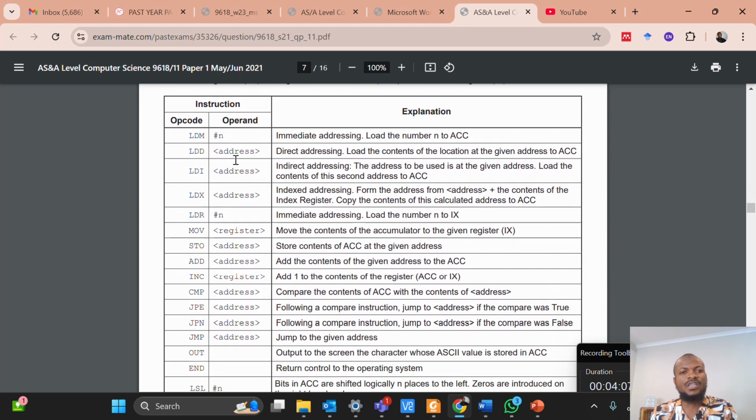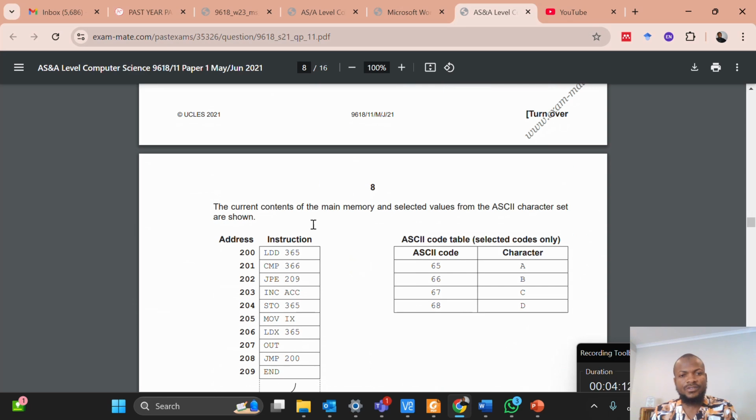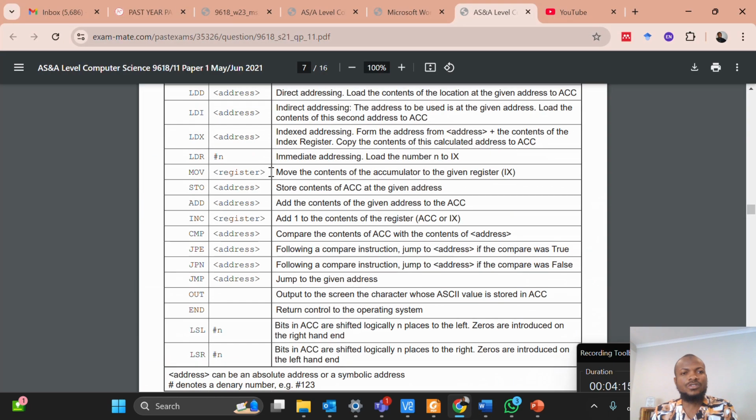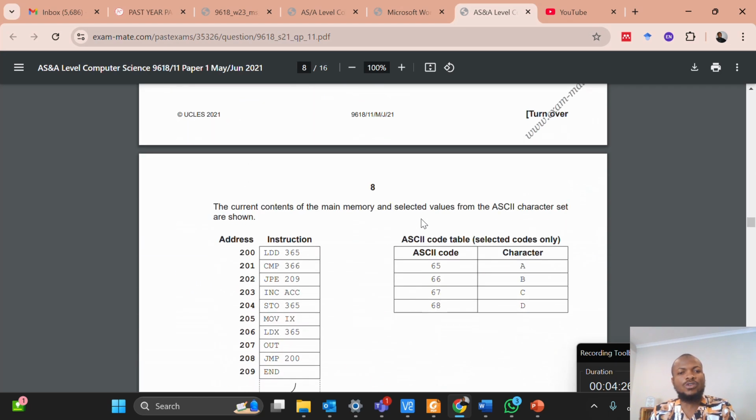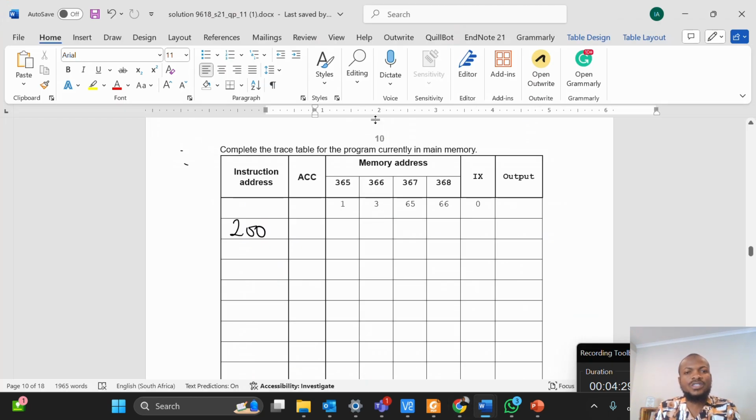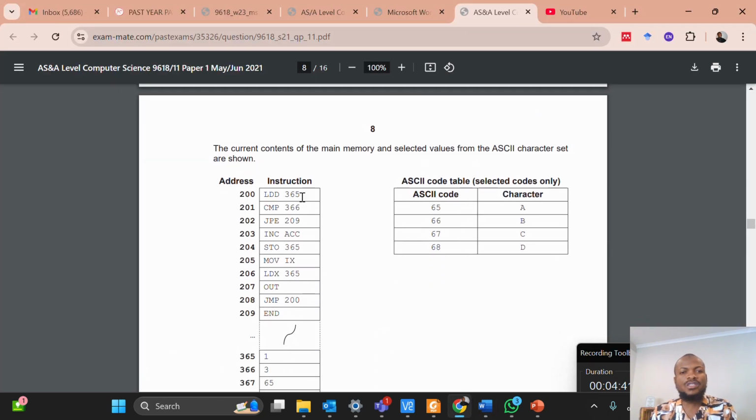It says LDD address, so 365 is an address. LDD address loads the content of that location to the accumulator. What is the content of 365? The content of 365 is 1. So it loads 1 into the accumulator, and I have 1 here. I hope that is understood. So LDD 365 is done.